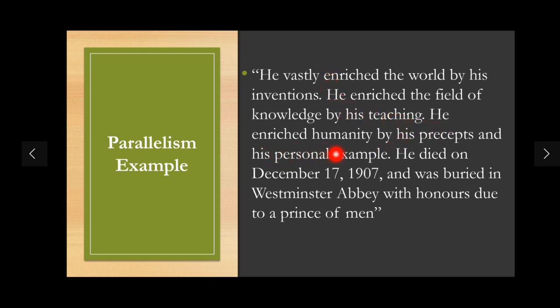And he enriched humanity by his precepts and his personal example. He died on December 17, 1907. He was buried in Westminster Abbey with honor due to a Prince of Men. So you can see that the same structure is repeated also in the following sentences.